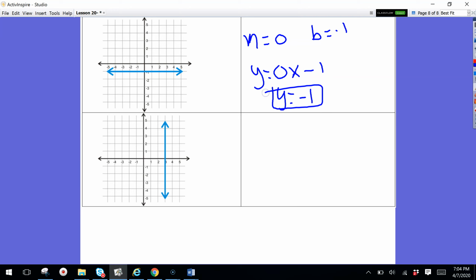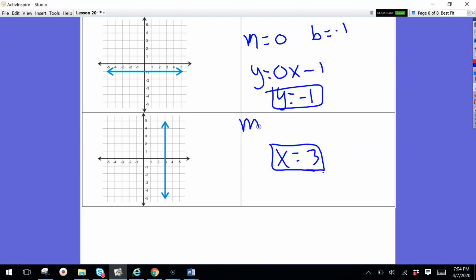Now this line right here is actually not even a function. I cannot use any of the 3 methods that I talked about to write this. What's happening here is that my x is always 3. So the only thing I can say is x equals 3. If I try to use point slope or slope-intercept, think about it.